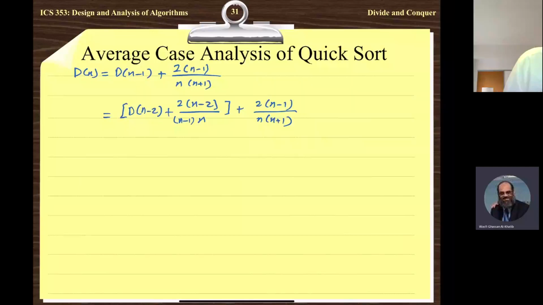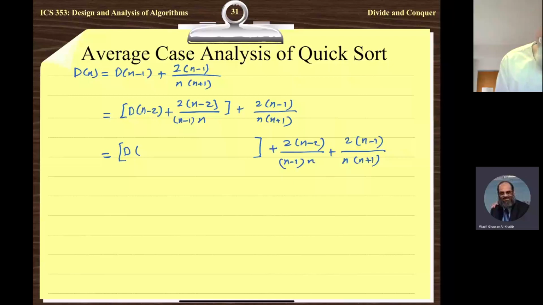If we do it again, whatever we get, let's put this outside: 2(n-2) divided by (n-1) times n, plus twice (n-1) divided by n times (n+1).